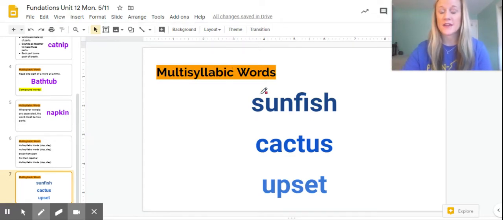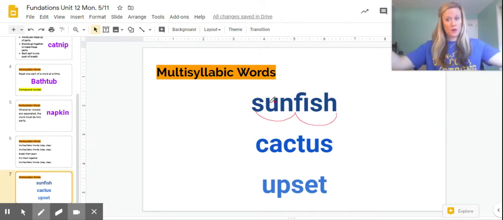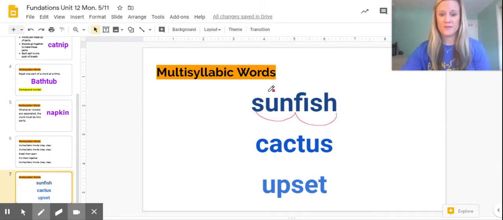And I'm going to practice marking them up. So if I have sun, fish, in the word sun, the u is making the short sound. So I need to put my breve above my vowel. And that's a closed syllable in there. In the word fish, my i is still making the short sound, so I need to put my breve above it and close it. Excellent.